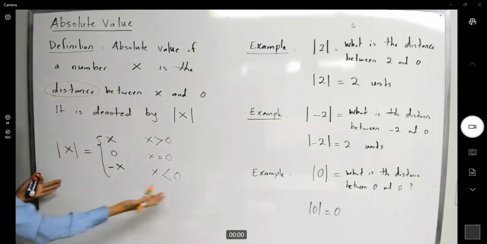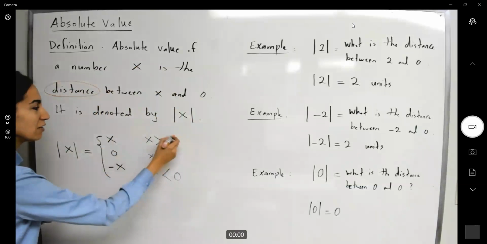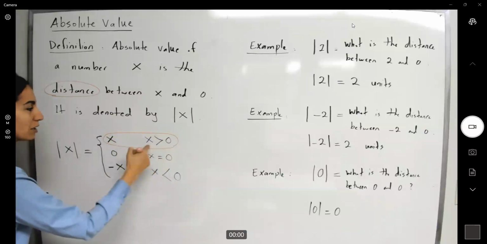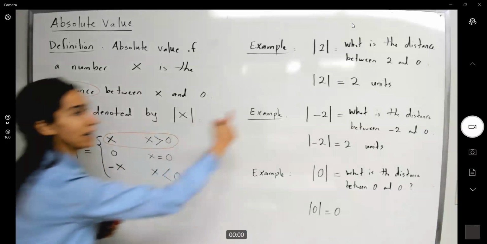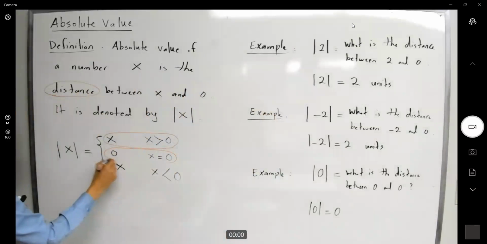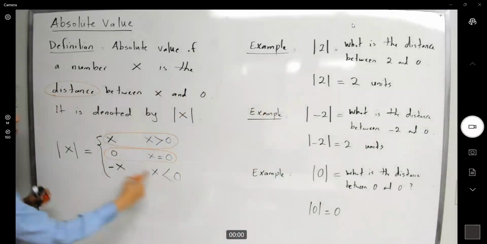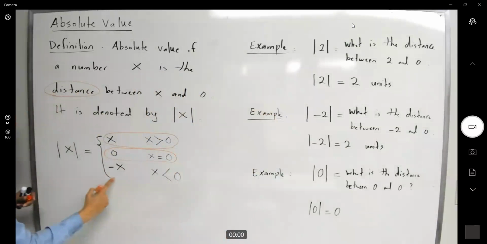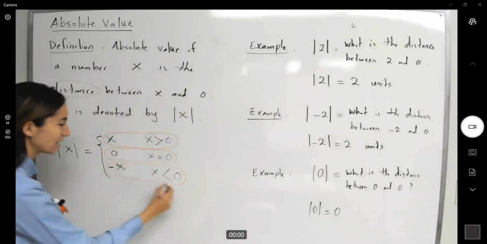The mathematical definition is: if x is a positive number, then you copy down x as the distance between x and 0. If x is exactly 0, the distance from 0 to 0 is just 0. But if x is negative, then you put a negative sign in front of your x.